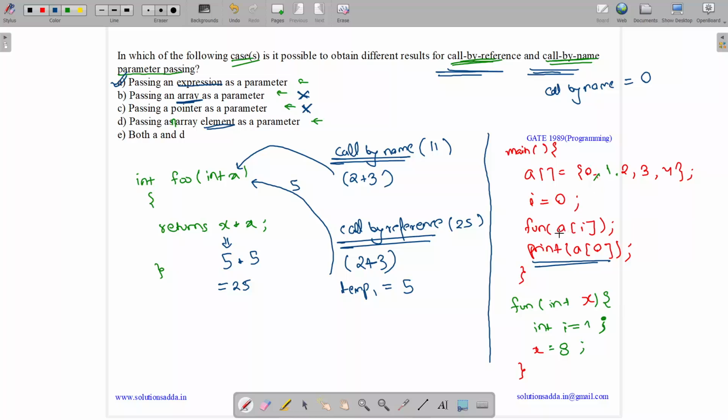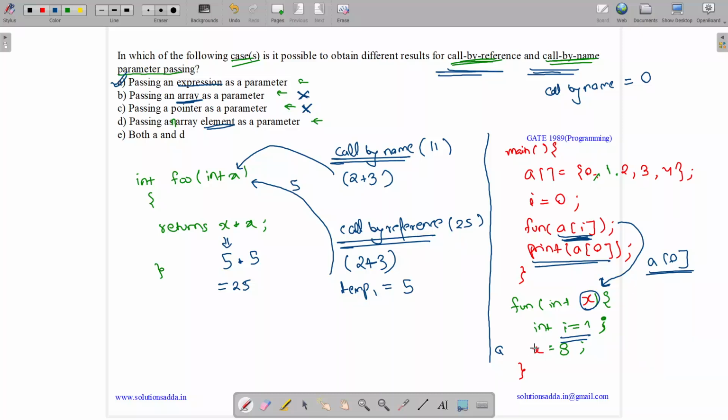In call by reference, we are calling a of I. So when we call a of I over here, then x takes the reference of a of I, the address, and here I equals to 1, so nothing is changed, only the a of I. When we are calling a of I, then 0 is passed. So the address of a of 0 is passed. X takes the address of a of 0.